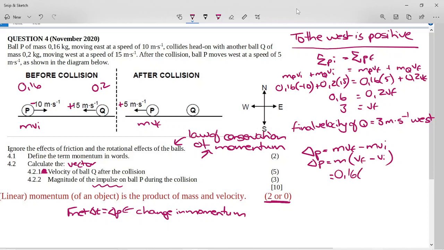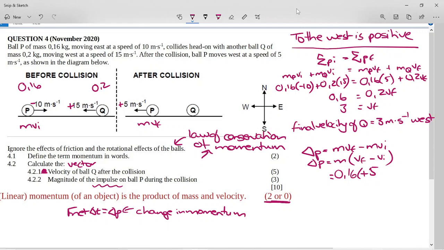Remember, we have still got vectors here. So because we have a vector, we must consider the sign. We said to the west is positive. So my final, because always final minus initial, my final velocity is positive 5.